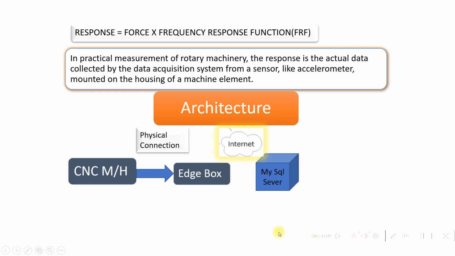In the edge box the condition monitoring algorithm will be running, processing the data collected from the machine and doing analysis. Analysis is nothing but extracting the condition indicators. Then you will develop an artificial intelligence model. For the gear transmission system, we are using SVM, that is, support vector machines. You will learn that in future lectures.